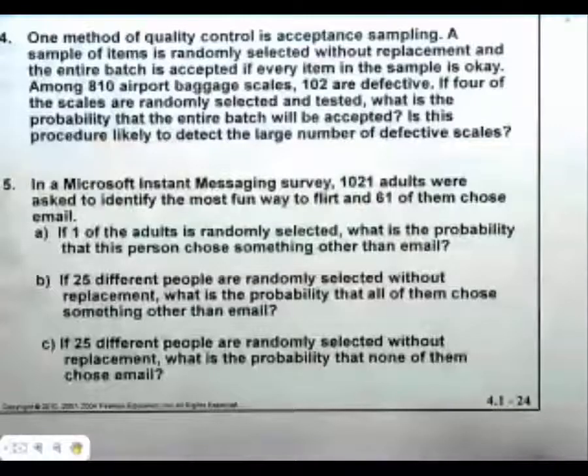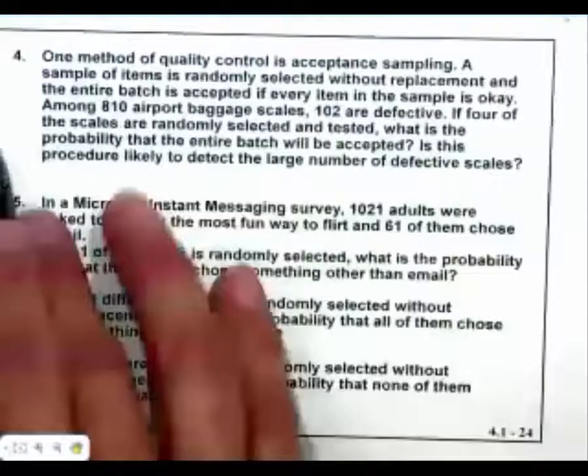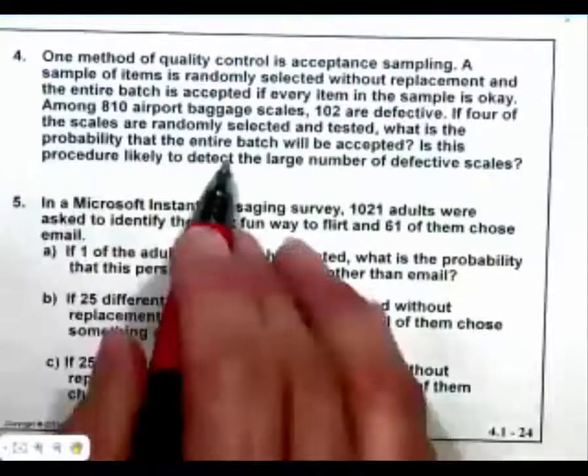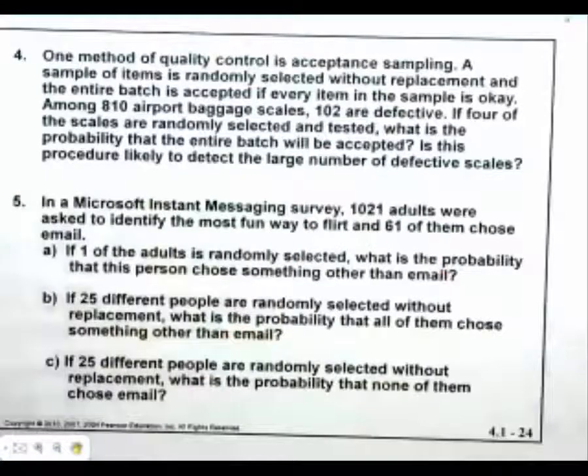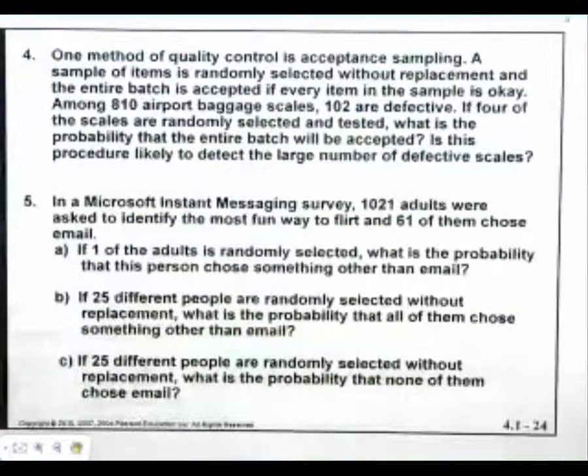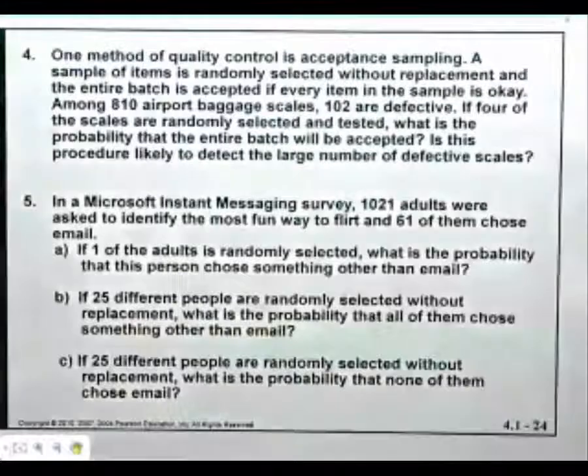Let's see. If 4 of the scales are randomly selected and tested, what's the probability that the entire batch will be accepted? Tell me how to calculate the probability that the first one I draw out is going to be good. What's the probability that the first scale I test is going to be fine? 1?